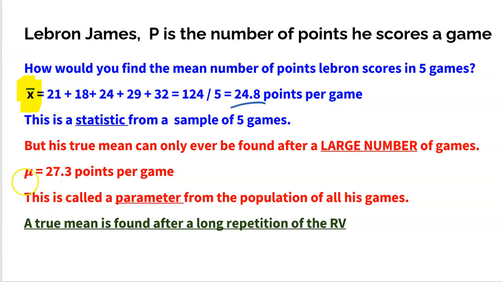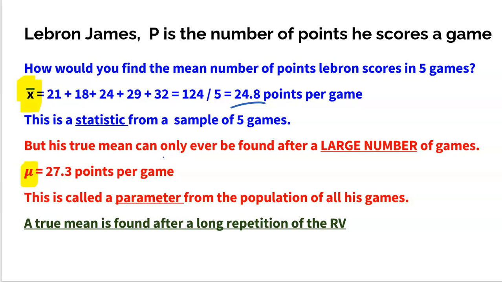For this, we're going to use a different symbol, mu, because this would be, up to this point at least, his true mean. This would be known as a parameter. It is the mean of all his games, not just 5 or 6 or this season or last season or the last 10 games. It's the average of all his games.